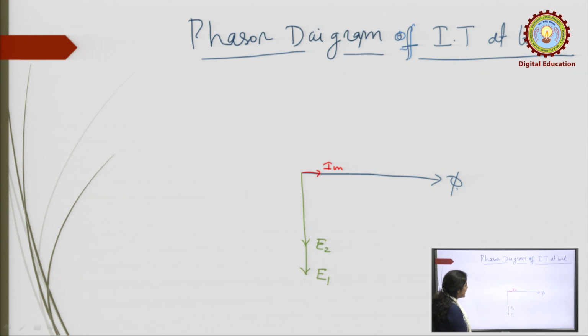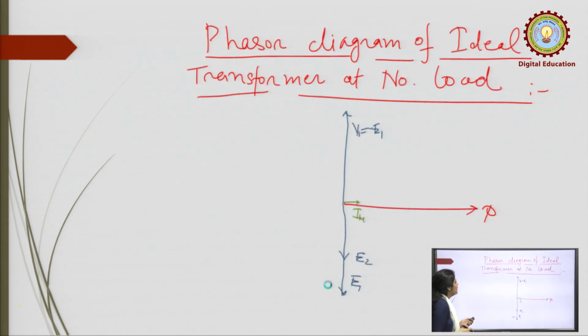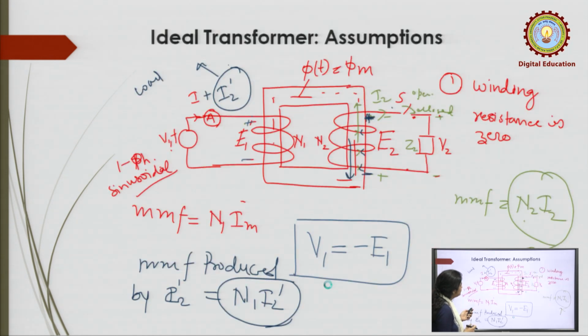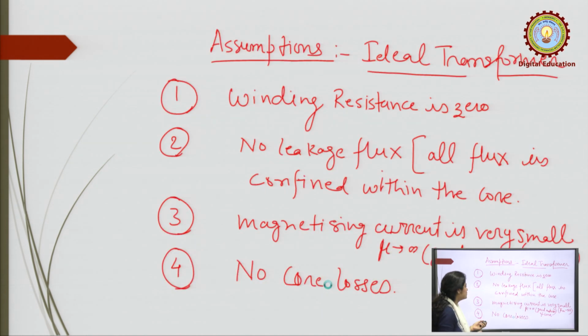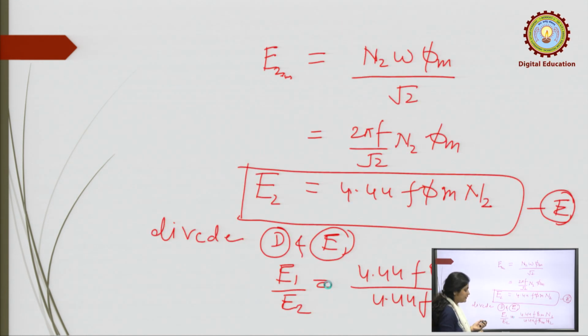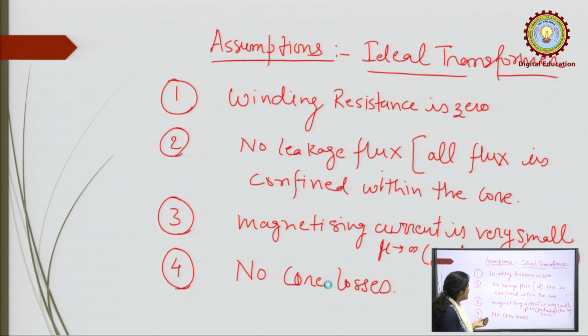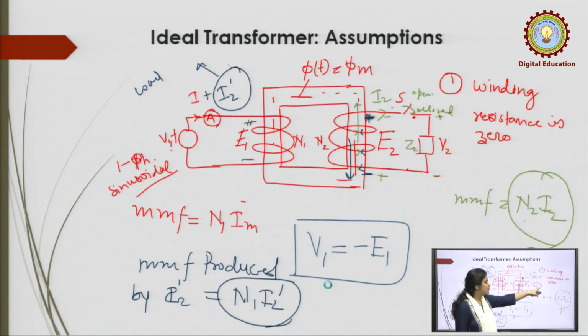Now, as the switch is closed, I2 will start flowing, and suppose the load impedance is Z2, so the power factor angle is theta 2. Obviously, it has no winding resistance, it is an ideal transformer, so E2 is equal to V2.